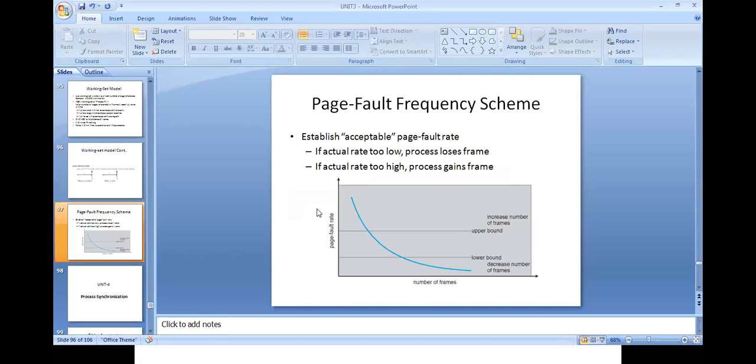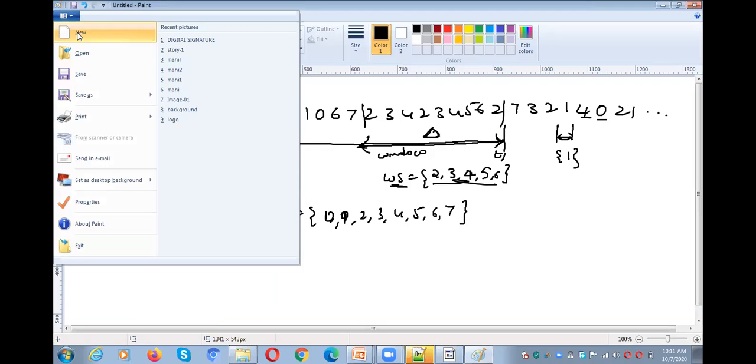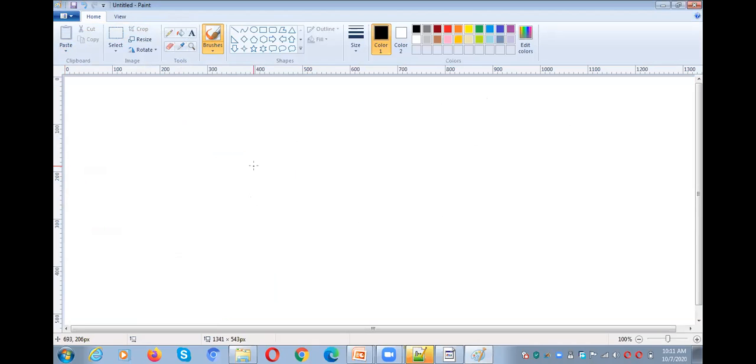And the next one, the page fault frequency scheme. What is a page fault frequency scheme? Based upon the process's page fault rate, you need to assign the number of frames. Based upon the page fault rate for a process, you need to allocate the frames.